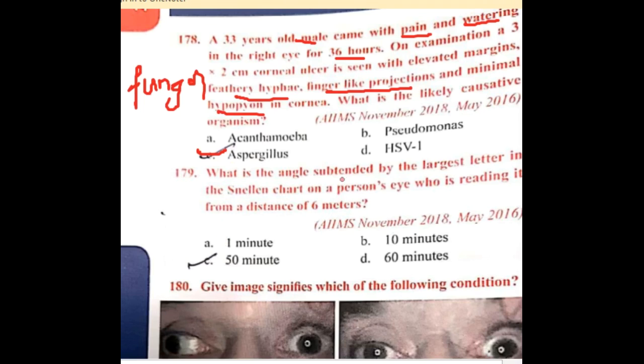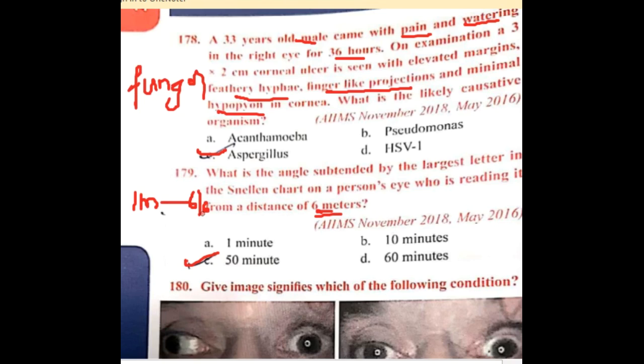Then, what is the angle subtended by the largest letter in Snellen's chart on a person's eye who is reading at a distance of 6 meters? At 6 meters, the subtended angle is 50 minutes. Actually, it is 1 minute for the 6 by 6 letter, and the largest letter is 6 by 60.